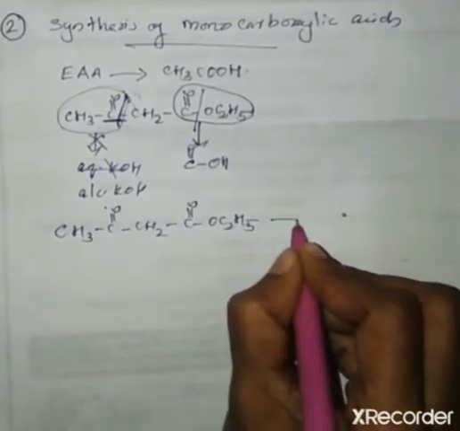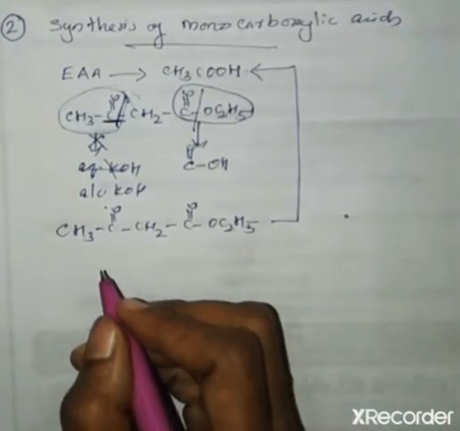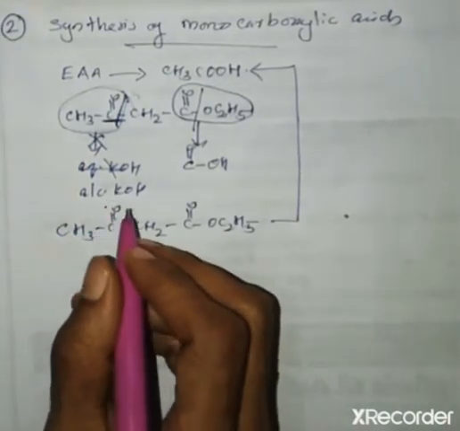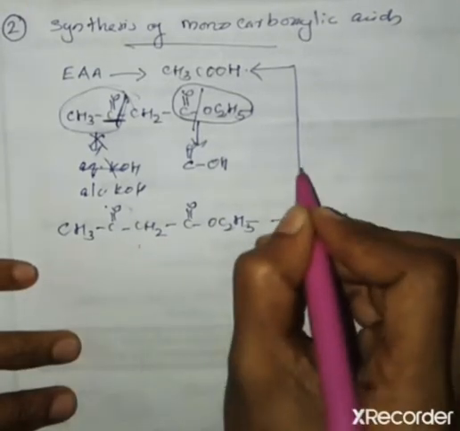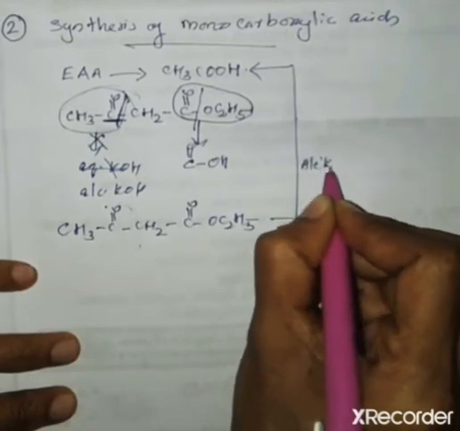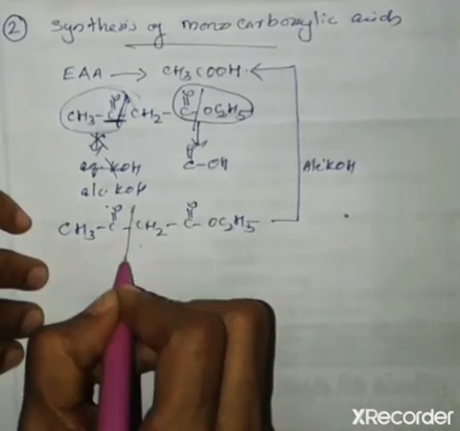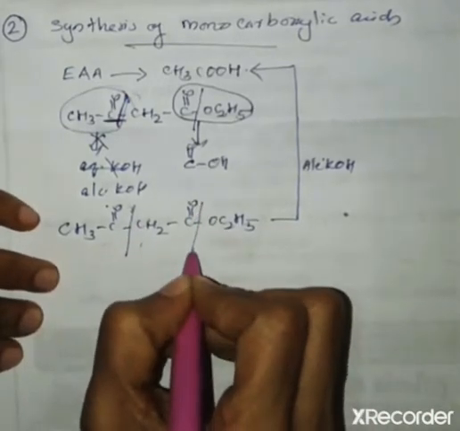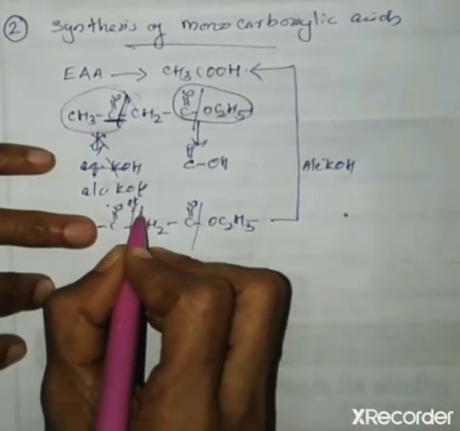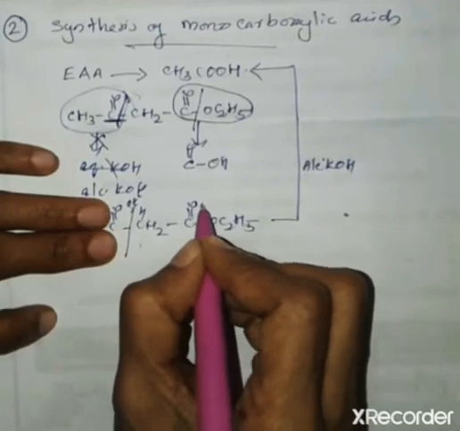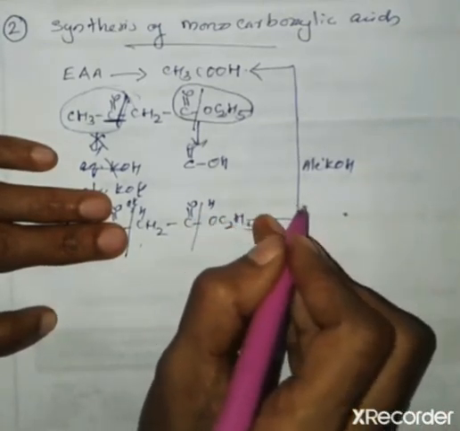We want to convert it into acetic acid, that is CH3COOH. So there is no need of this group. We can treat it with alcoholic KOH, or KOH dissolved in ethanol. This bond is broken here and it is also broken here, and OK minus is bonded here and hydrogen is bonded here, and here also hydrogen is going with this C2H5O part.